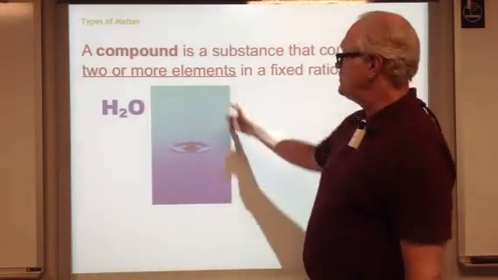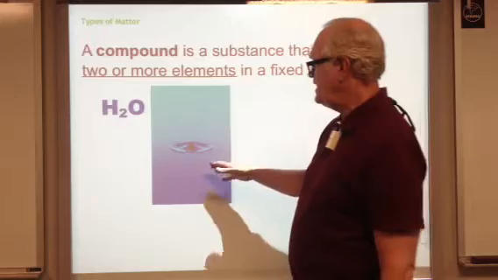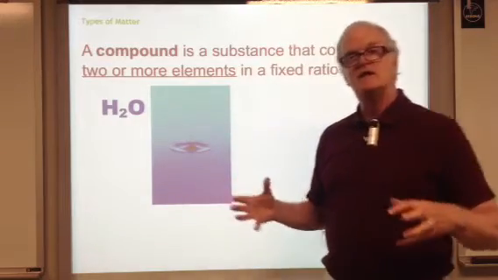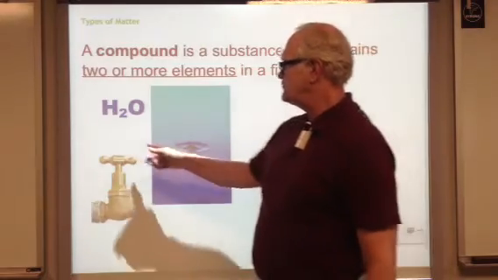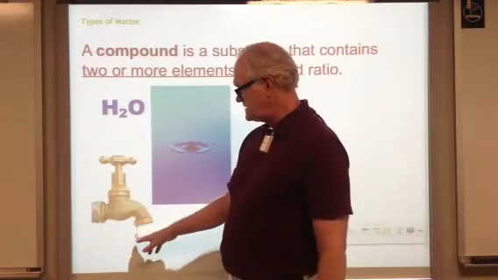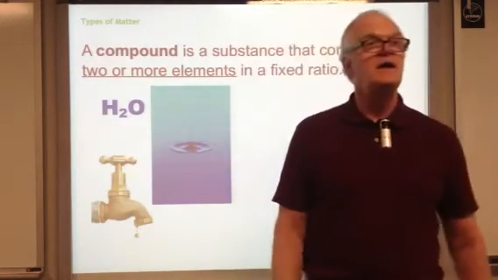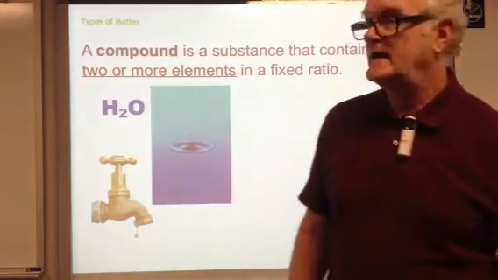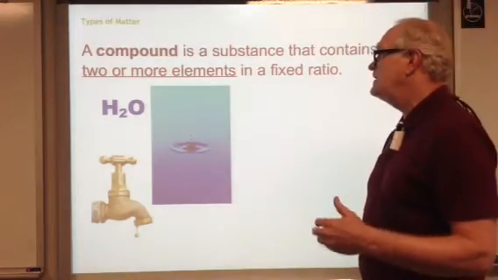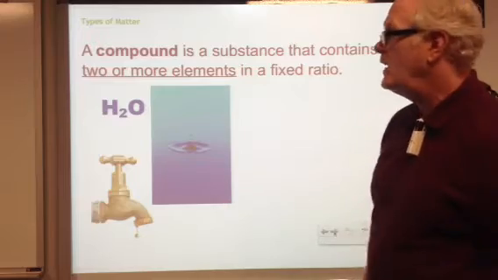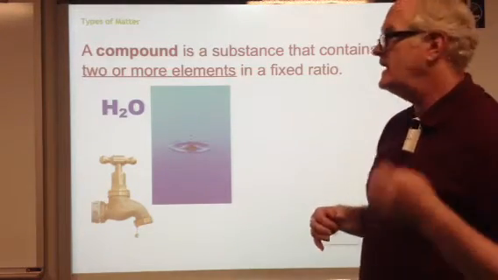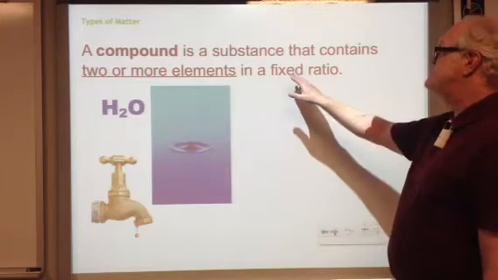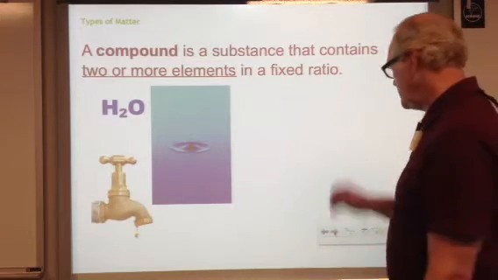So if we have a pool of water, like the one in this picture right here, it contains molecules that have the formula H2O. If we have a single drop of water, like the water that's coming out of this faucet right here, it has the formula H2O. In other words, water is a combination of hydrogen and oxygen in a fixed ratio. Water is a compound.